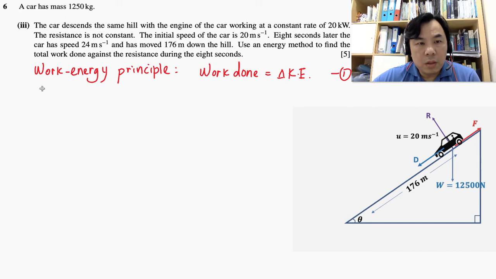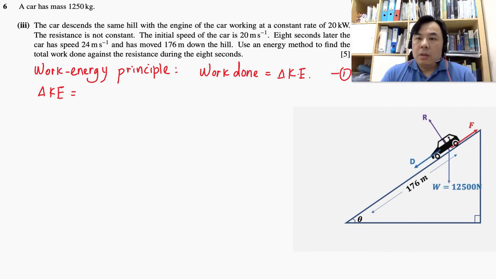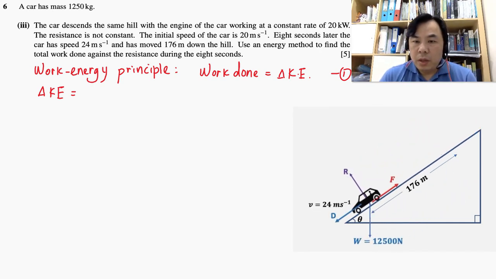And then from here, I'm going to work out the change in kinetic energy. You can see that the car is moving downhill. It has an initial speed of 20, and when it reaches that distance of 176 meter, it would have gained a speed of 24 meter per second.